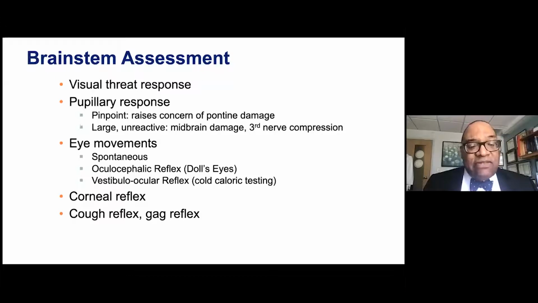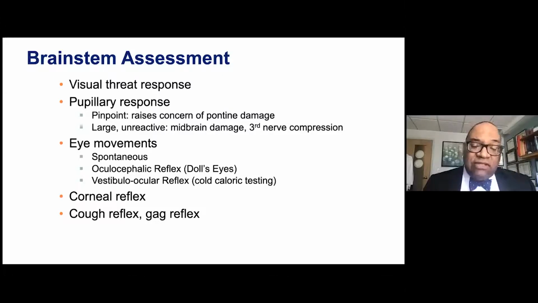For eye movements, if the patient is spontaneously able to move the eyes, look right, left, up, and down, fantastic. But for those patients that are unresponsive and cannot move their eyes, we will try the doll's eye reflex or the oculocephalic reflex. And remember, with this reflex, you cannot do it if a person has a cervical collar.